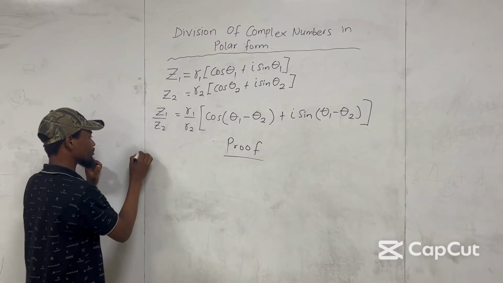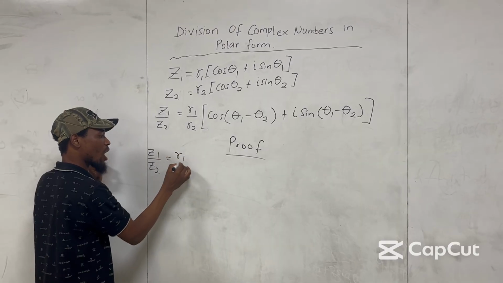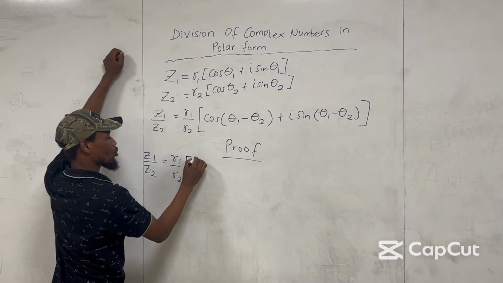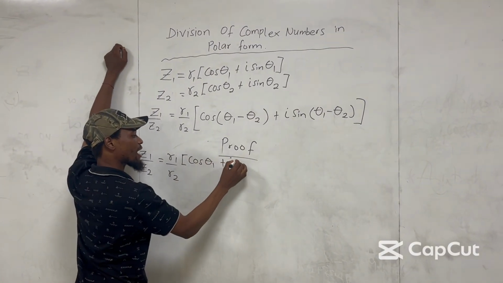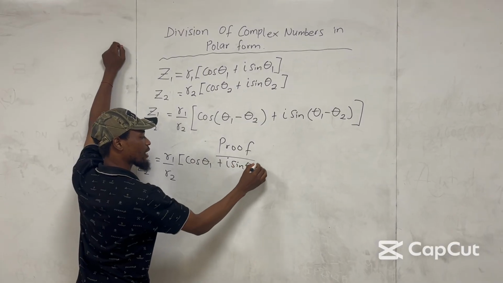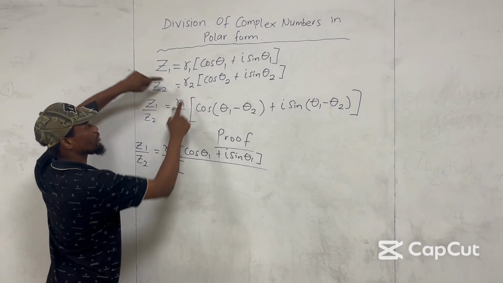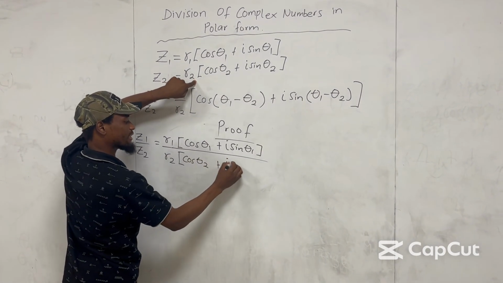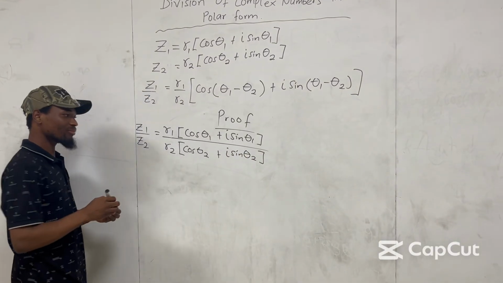So I have z1 over z2 equal to r1 over r2, then cos theta 1 plus i sin theta 1, all over cos theta 2 plus i sin theta 2.